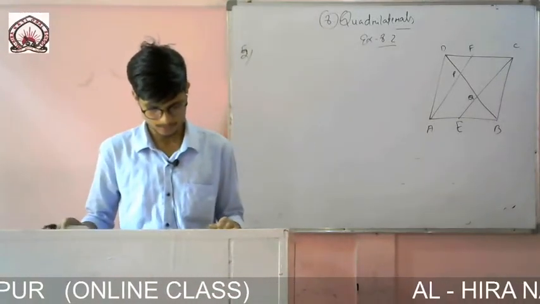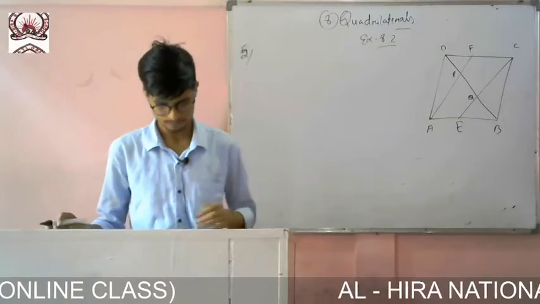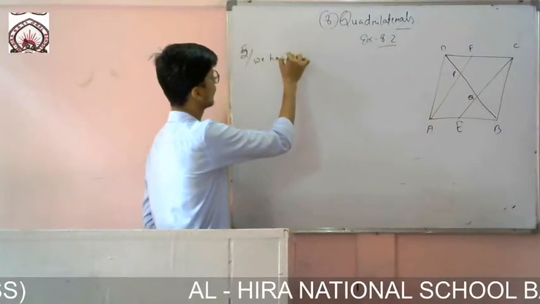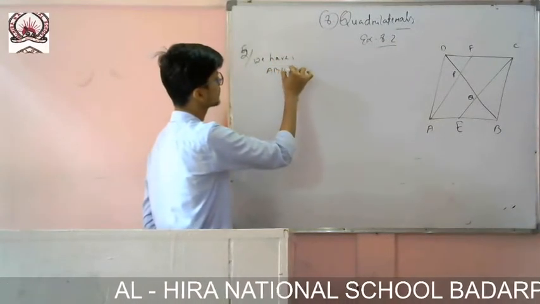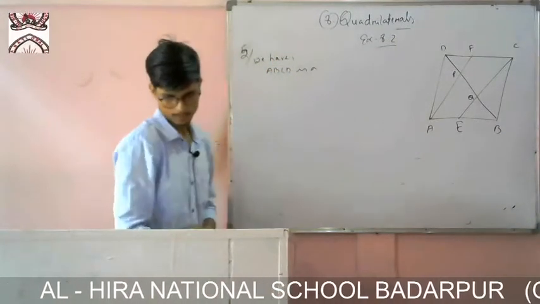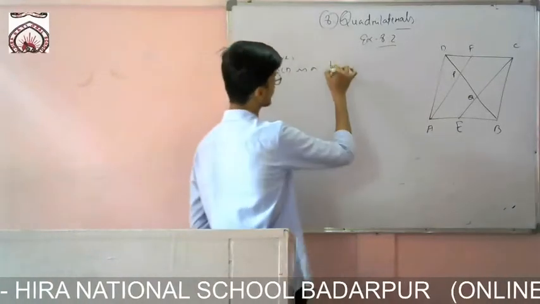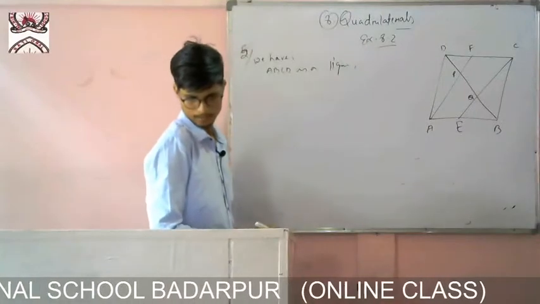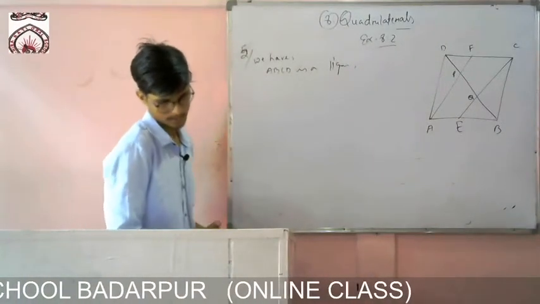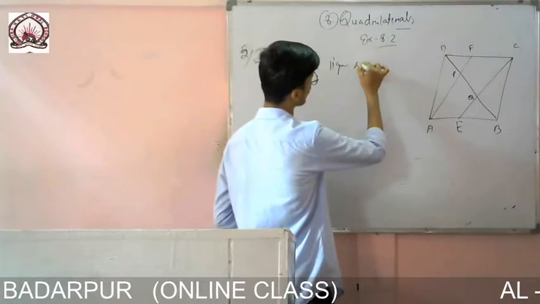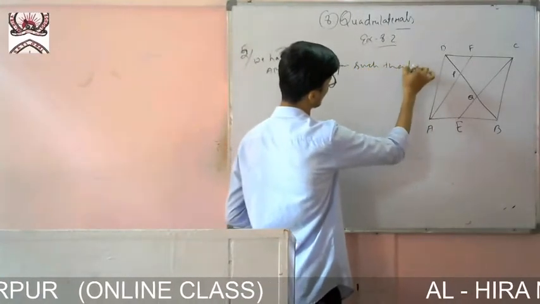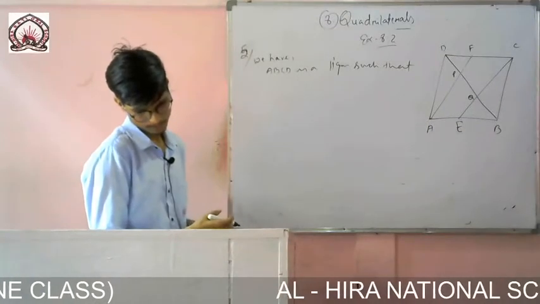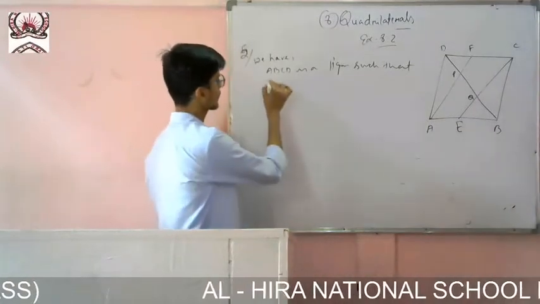So what is given, let us write. We have ABCD is a parallelogram, and what is given, such that E and F are the midpoints.